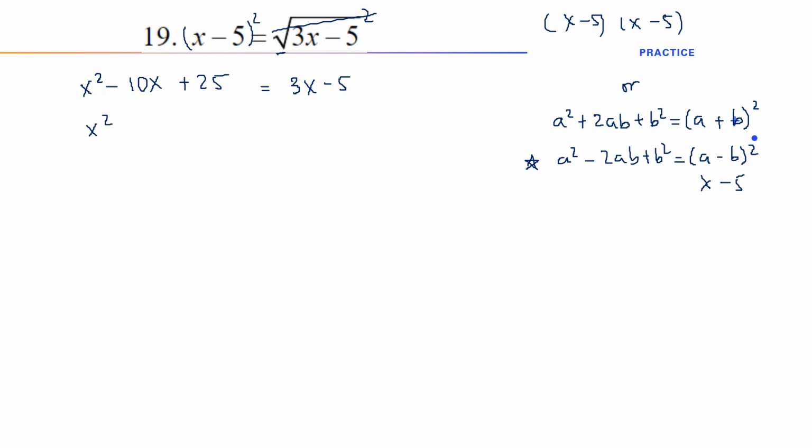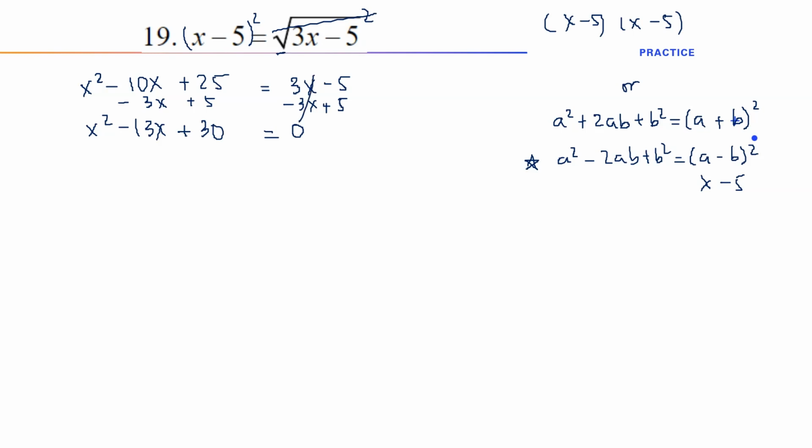x squared minus 13x plus 30 equal 0. How do we get that? We subtract both sides by 3x and add 5. So on the left hand side, we add -10x and -3x to get -13x and positive 30.